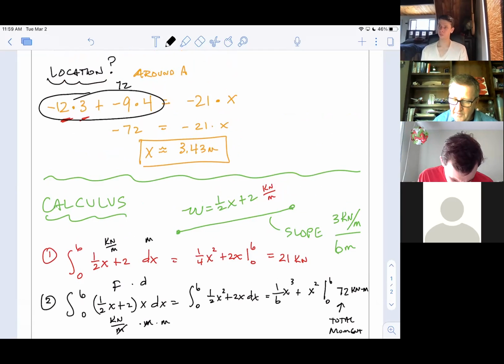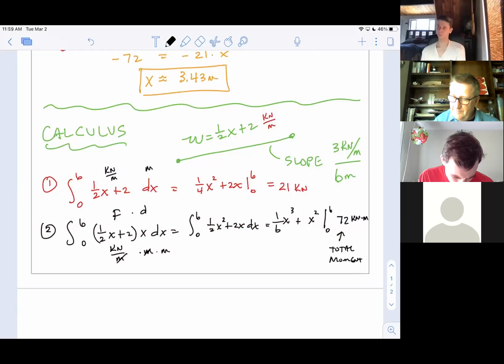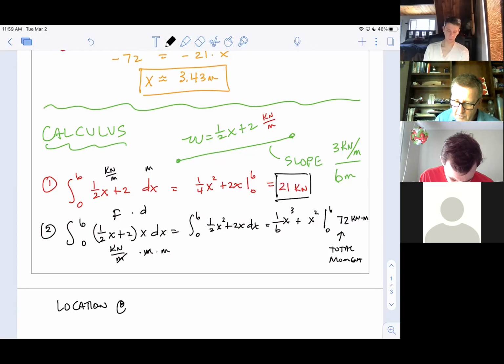So in the end, to get the location, I got my 21, which is the force. What's the location? The location is at 72 divided by 21.